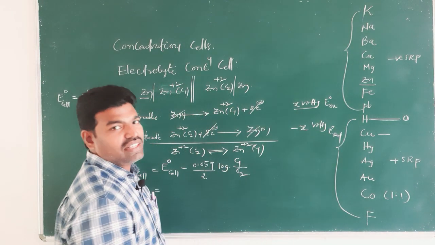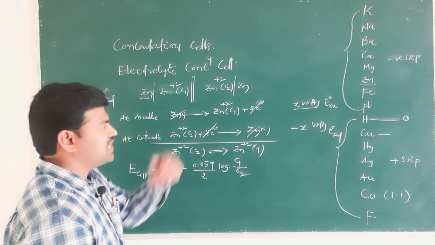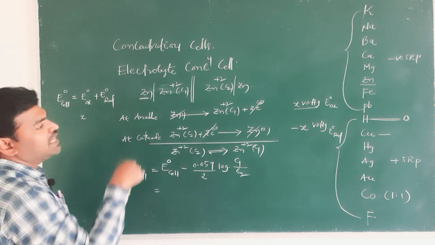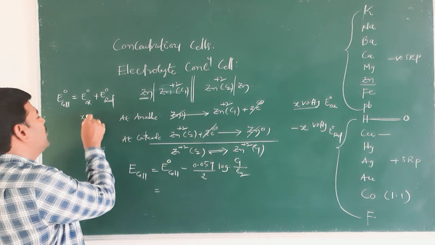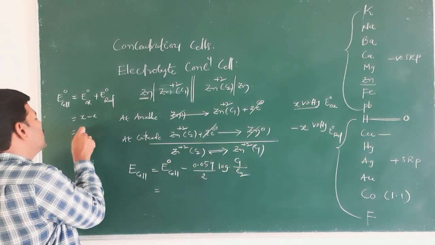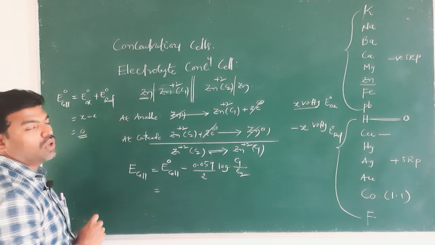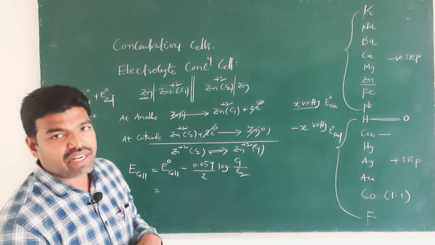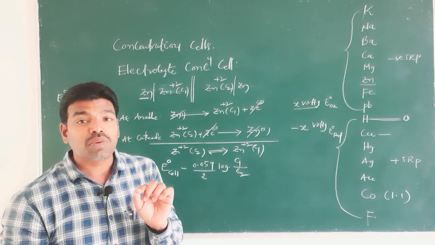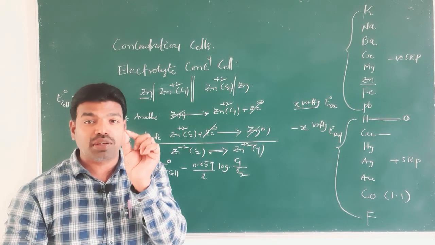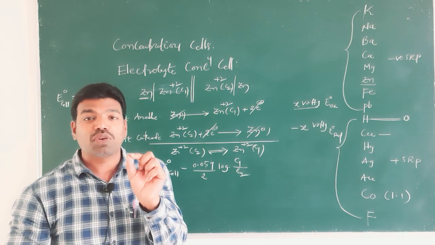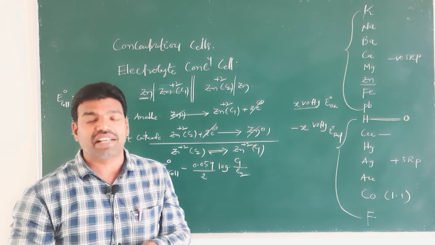Let us add those two potentials. The oxidation potential is X volts, and the reduction potential is minus X, so the sum is equal to 0. So E naught cell is 0 in concentration cells, because the same electrode undergoes oxidation and reduction at standard conditions.